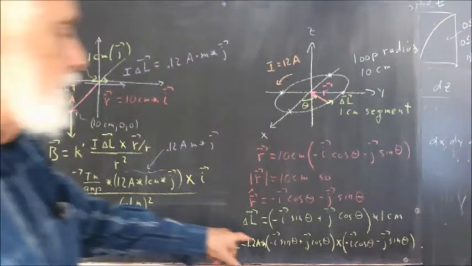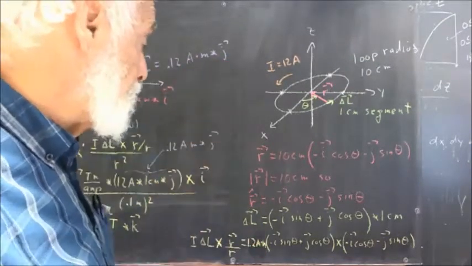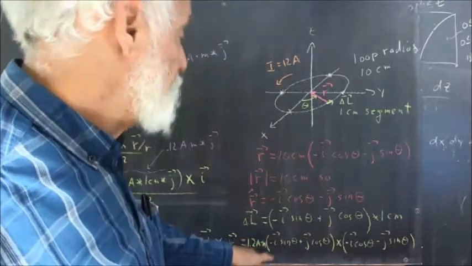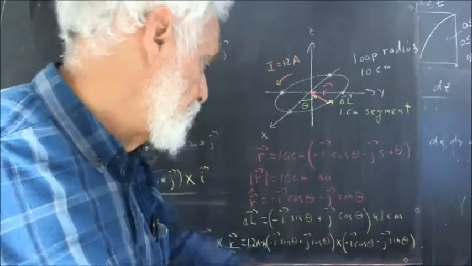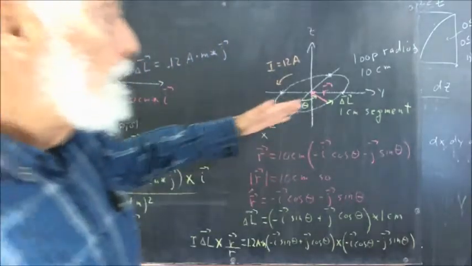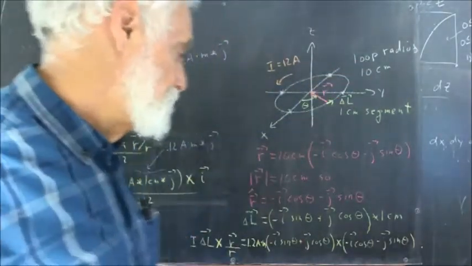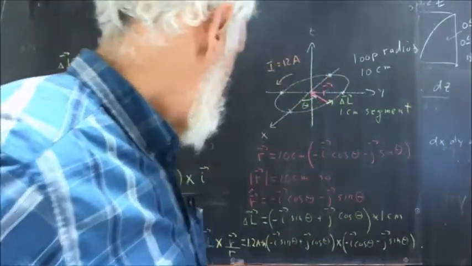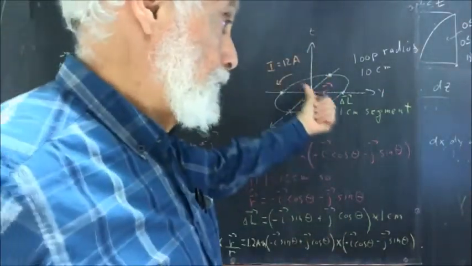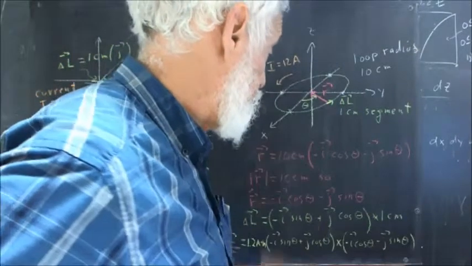But it's not 1.2 amp meters times j now. It's 1.2 amp meters times the unit vector in the direction of delta L. And here's our unit vector in the direction of a tangent line to the circle. We cross that with the R vector divided by its magnitude, which is just the unit vector from the segment back toward the origin.